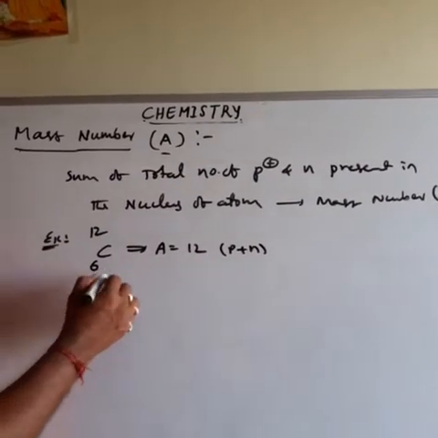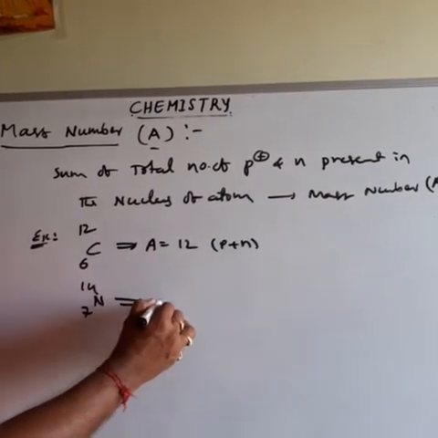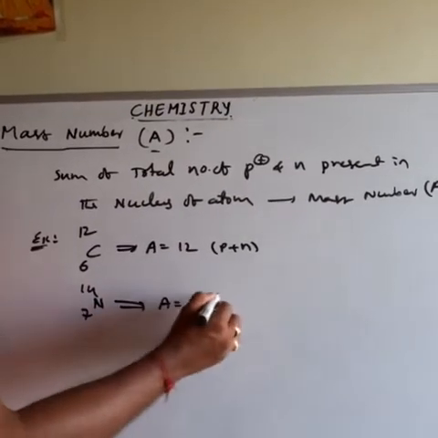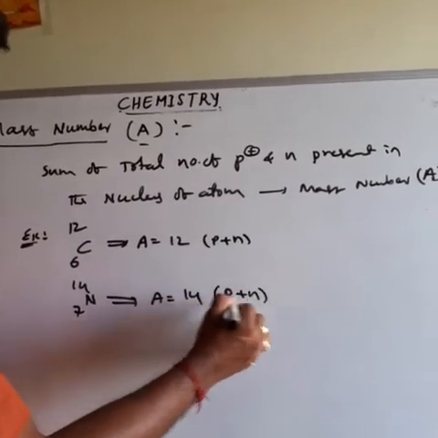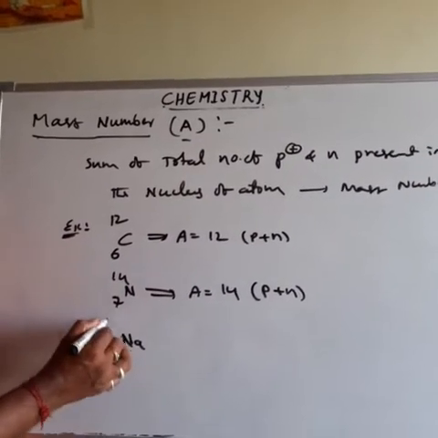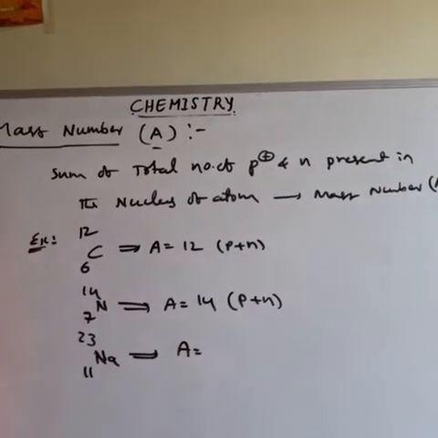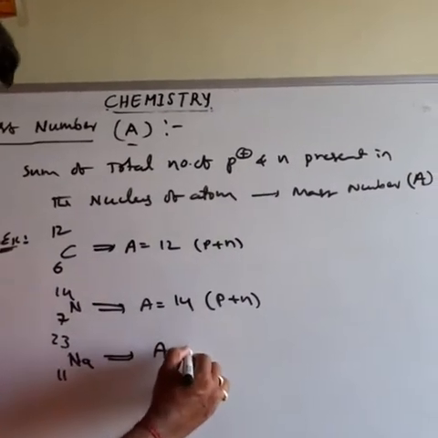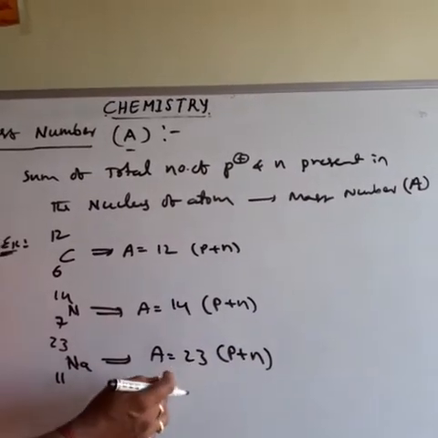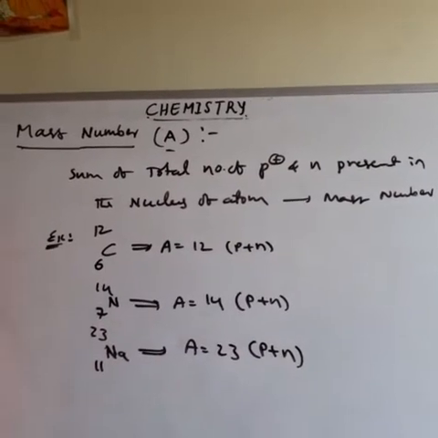Like that, nitrogen 7, 14: the mass number A is 14, meaning the sum of protons and neutrons equals 14. Like that, sodium 11, 23: the mass number A is 23, meaning the total number of protons and neutrons equals 23. So this is the mass number.